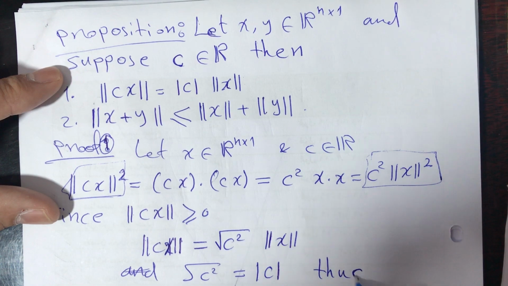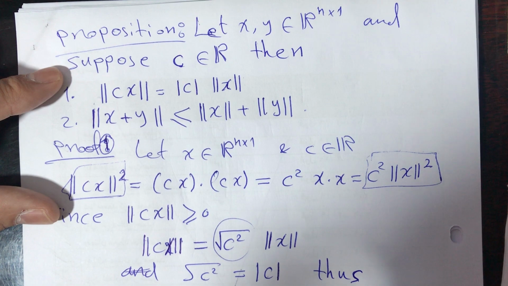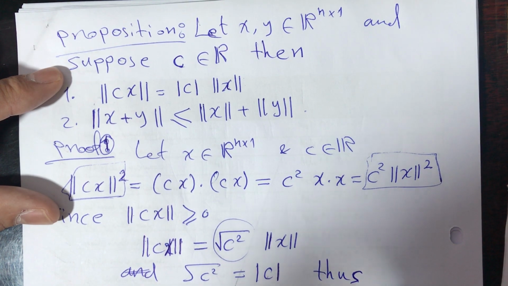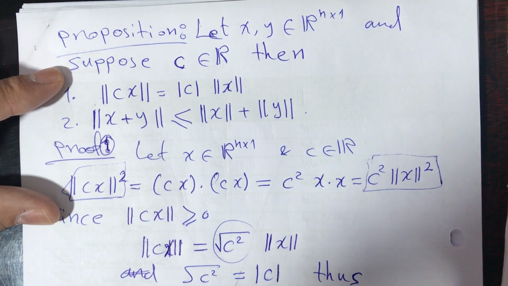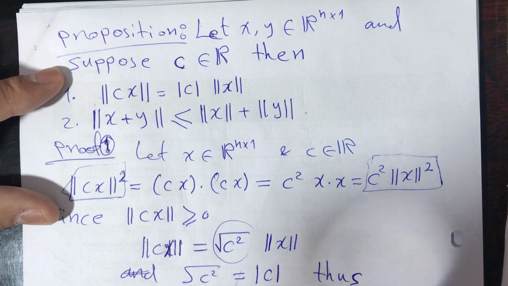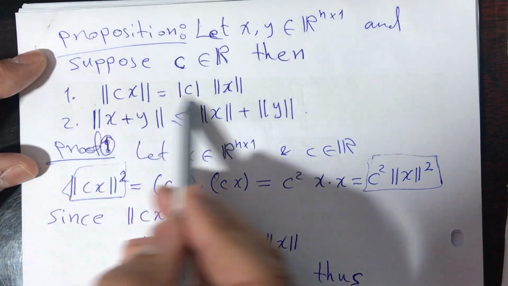Thus, we get the norm of cx is equal to the absolute value of c times the norm of x. And this finishes the proof of 1.